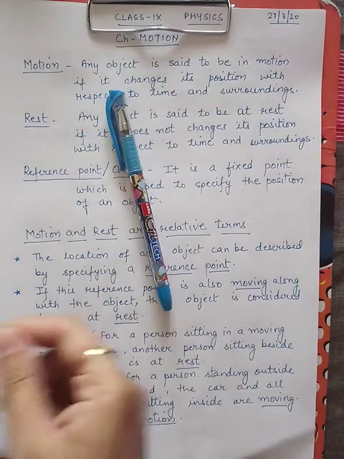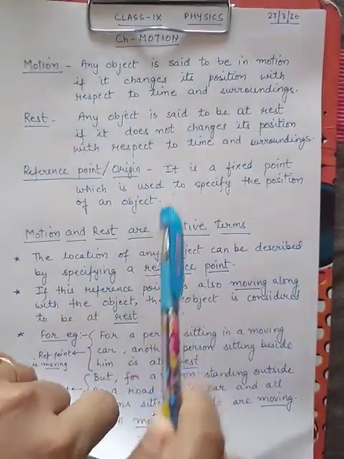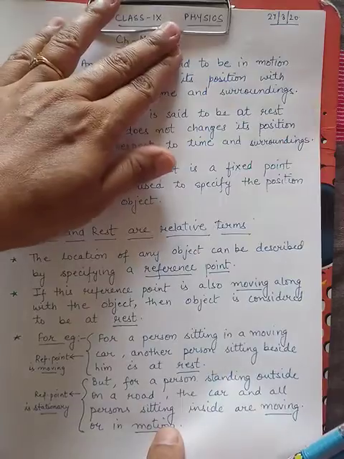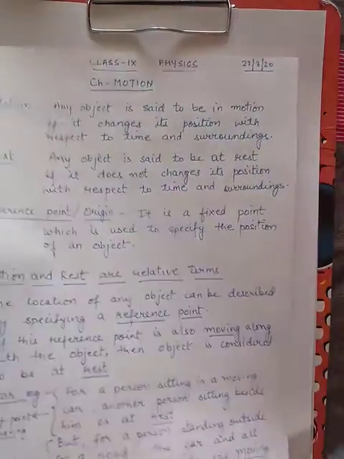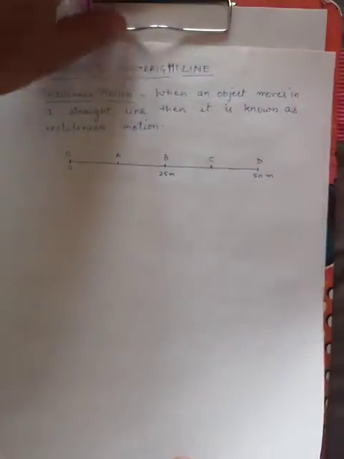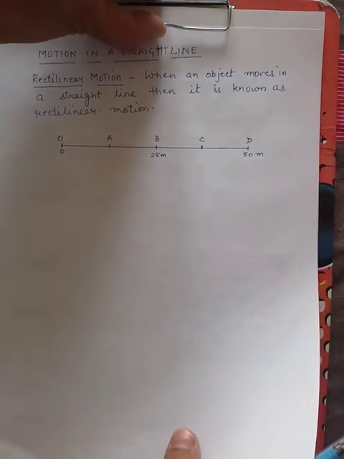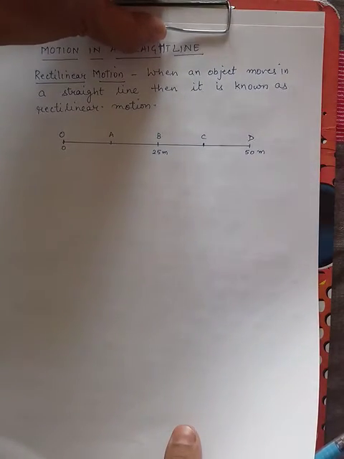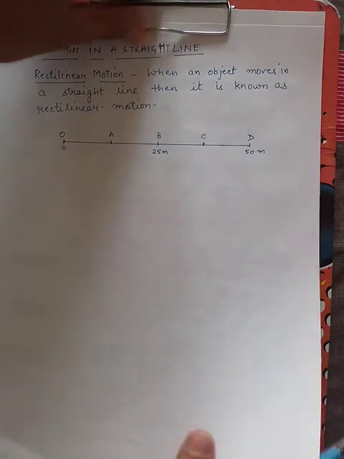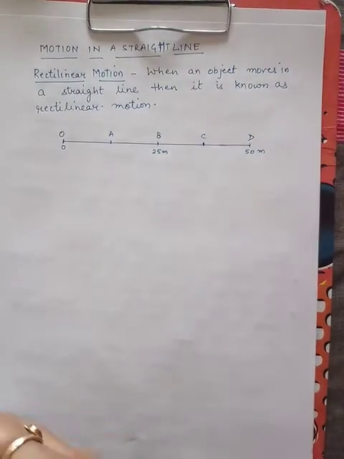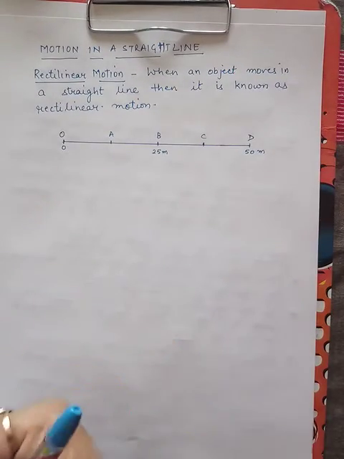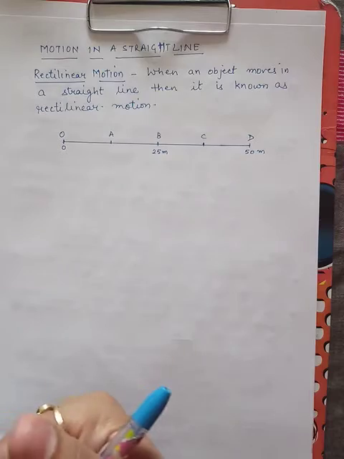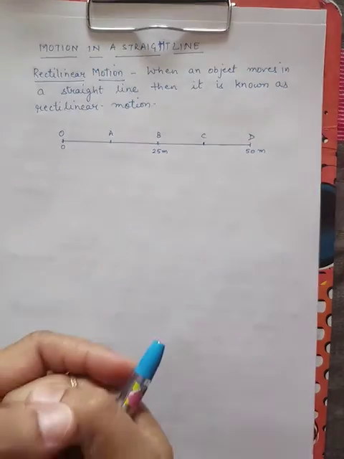Right? Next comes our topic, that is motion along a straight line. Straight line, all of you know, right? In any straight line, if an object is moving, then it is called a rectilinear motion. So rectilinear motion, we all have studied in our previous classes, right?